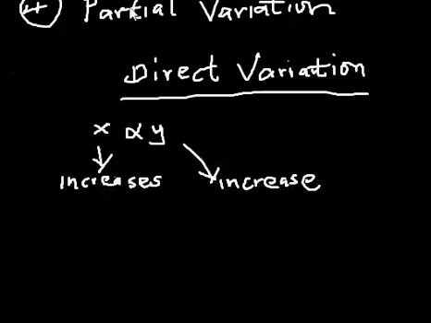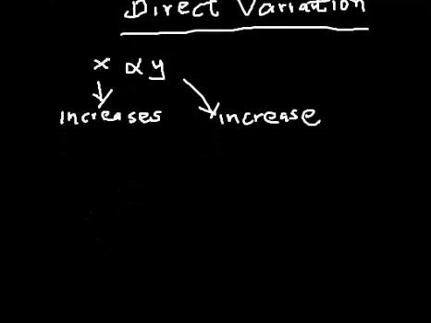Now know one thing about variation. If you want to evaluate variation, let me use this same example, x varies as y. For me to be able to solve variation, I can't use the variation sign or proportional sign. I have to change that variation sign into an equal to, and then I will introduce a constant.